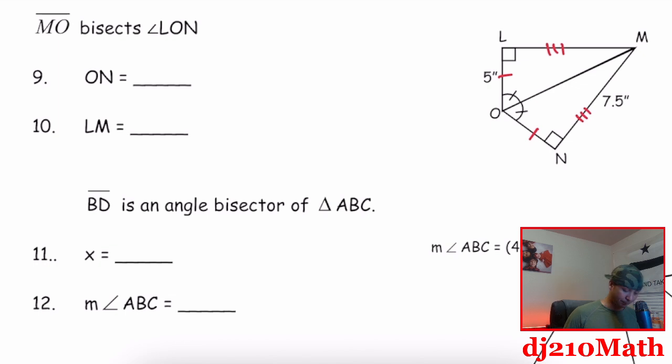ON. Where's ON? ON is here. Since it's congruent to OL, that's 5 inches. Two marks mean inches. LM is here. It's congruent to NM, so 7.5 inches.